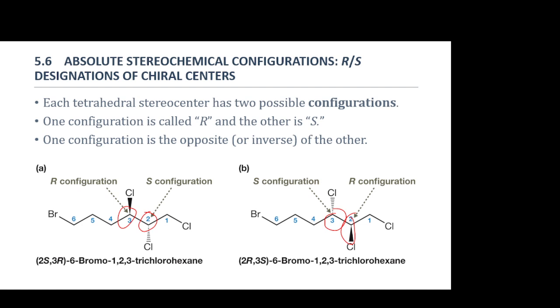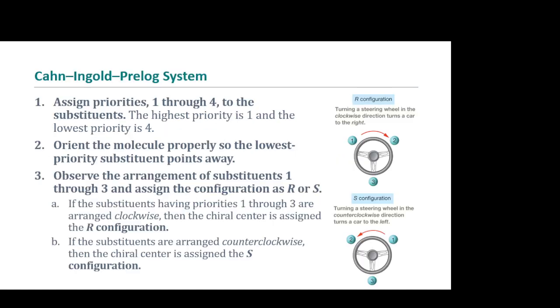Remember how I said you could always swap between the two configurations by doing what? Swapping any two atoms around the center, right? Yeah. So for example, here we have a hydrogen that's going away from us, right? That hydrogen and this chlorine up here are going to get swapped, and that's what we're seeing right there, isn't it? Okay. And that's how you always go between the two configurations.